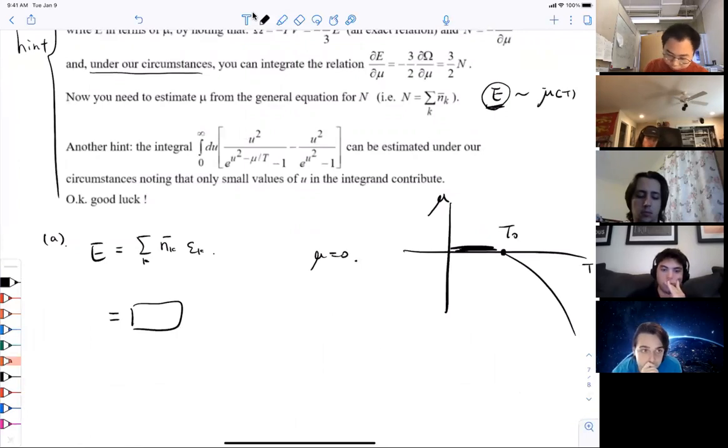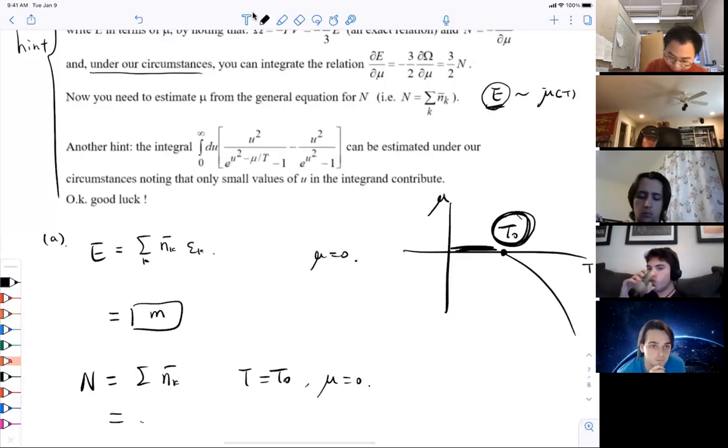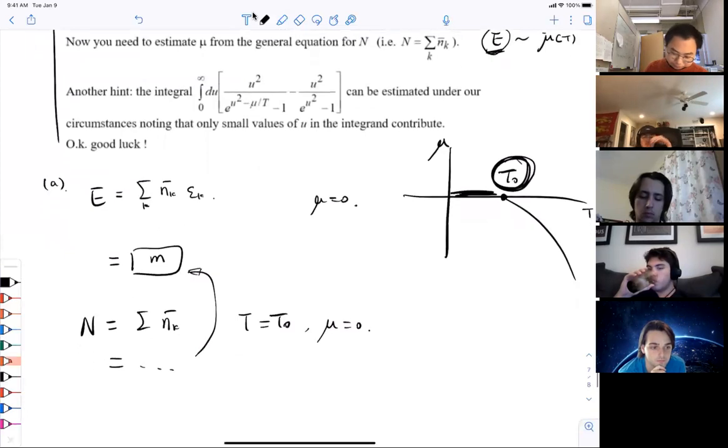To find the relation between the unknown parameters, for example the mass, and this known T naught, you need to also calculate the number of particles right at this transition point. Then you find this relation, you plug in, you get the result. That's basically how we solve part A.